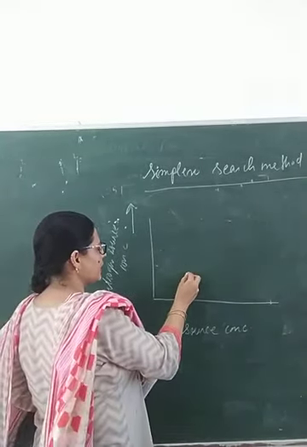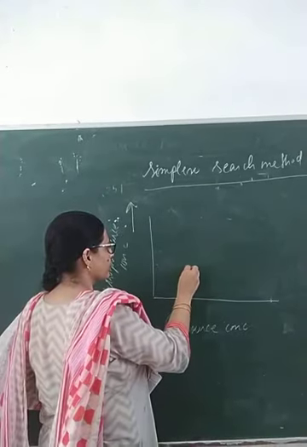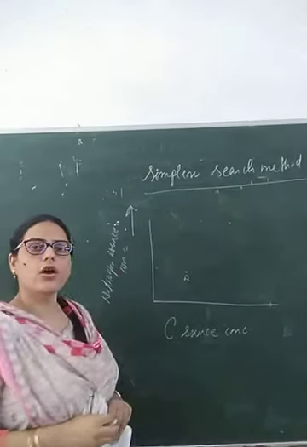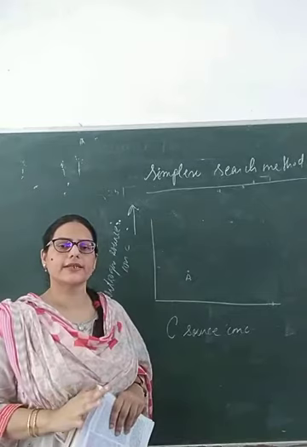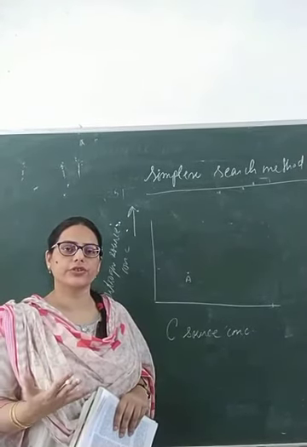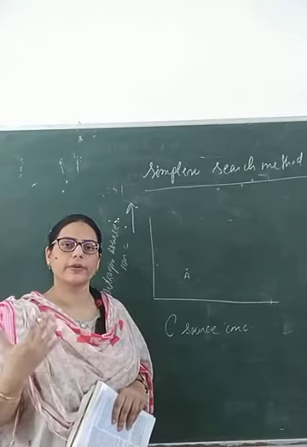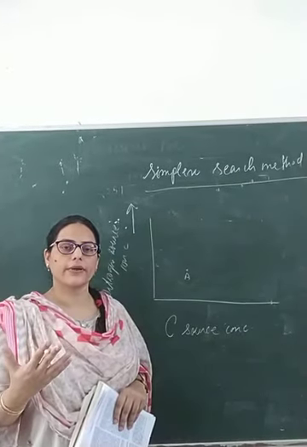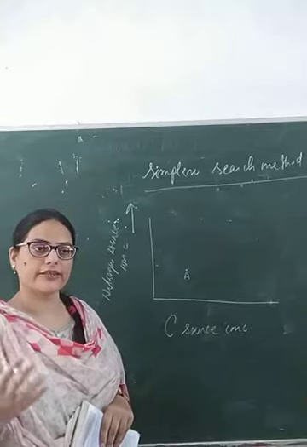Now the first value A was taken on the basis of the present condition. I told you earlier we have to review the literature to see what work has already been done on the particular topic that you want to pursue. So that is the review of literature.